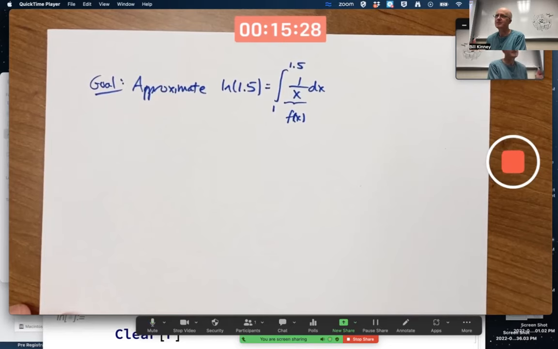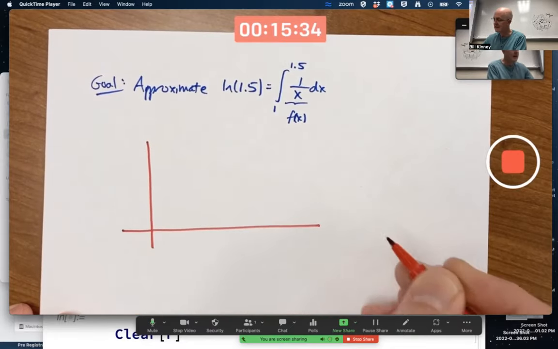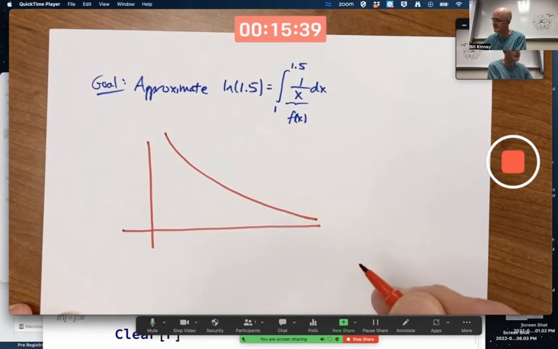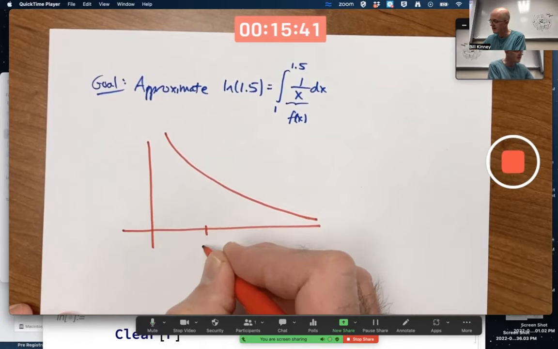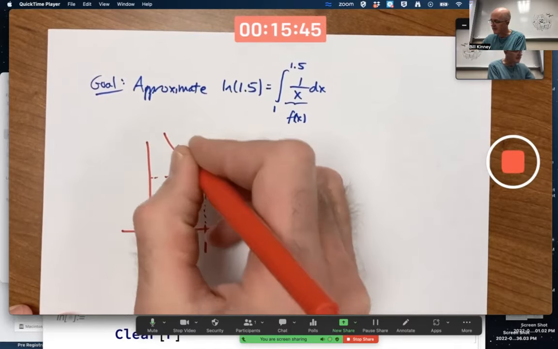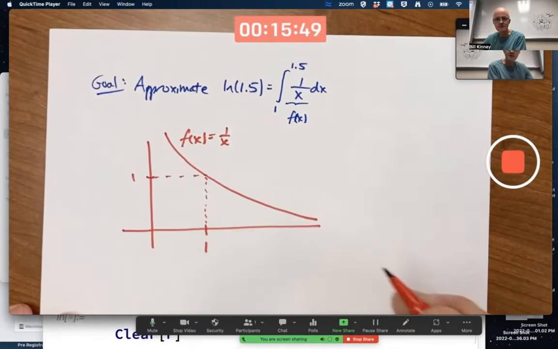Let's think about this really simplistically, you might say. We are trying to approximate an area under the graph of 1 over x, making it fairly big this time. There's x equals 1. The output of f of x equals 1 over x at 1 is also 1.